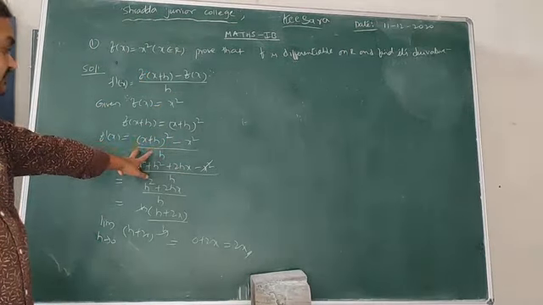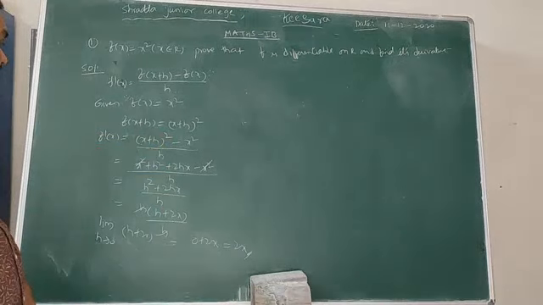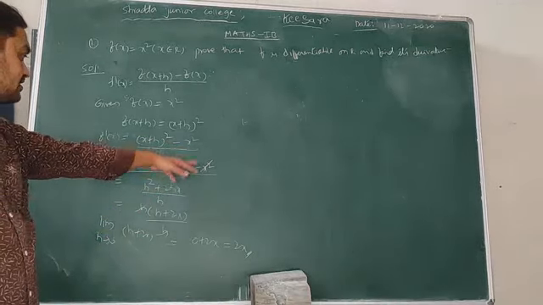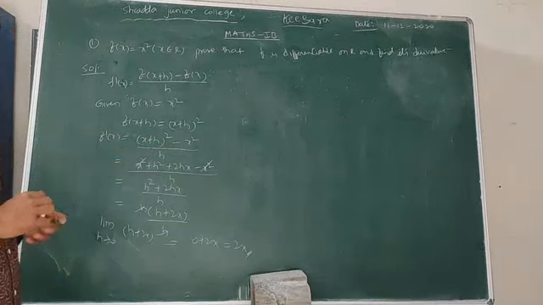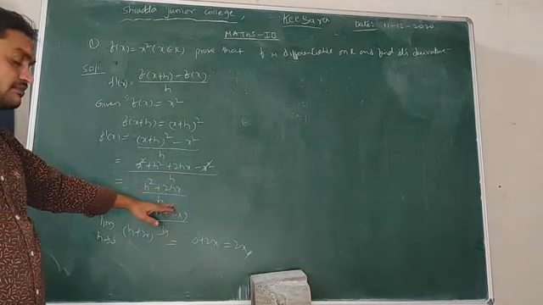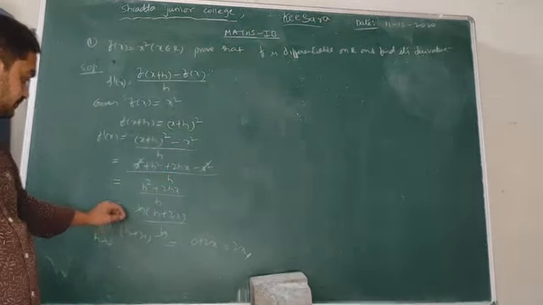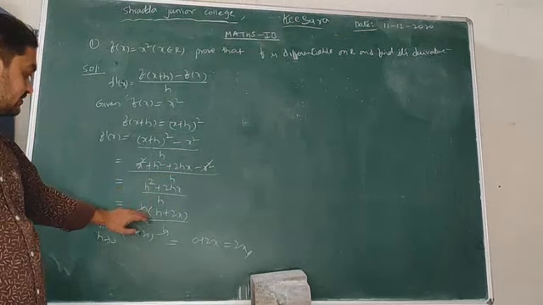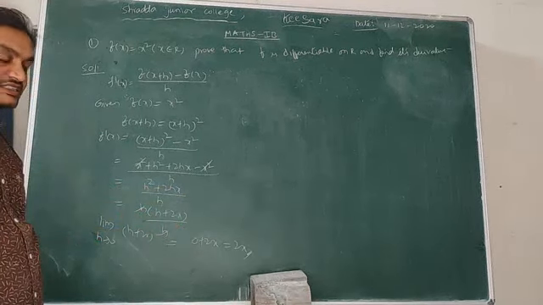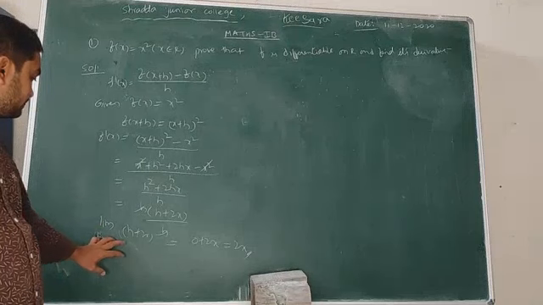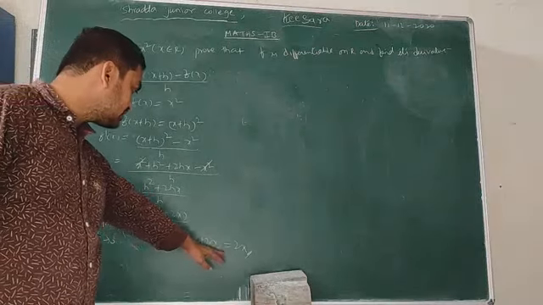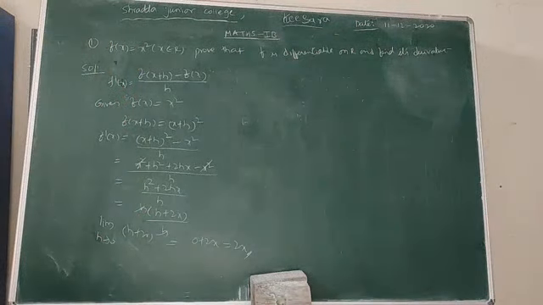This is which form? a plus b whole square. What is the formula here? a square plus b square plus 2ab, minus x square. Here plus x square minus x square, x square cancels. x square plus 2hx by h. Here h we are getting common. h plus 2x by h gets cancelled. So limit h tends to 0, h plus 2x. In place of h, put 0. 0 plus 2x equals 2x. We are given 2x. Next, see.